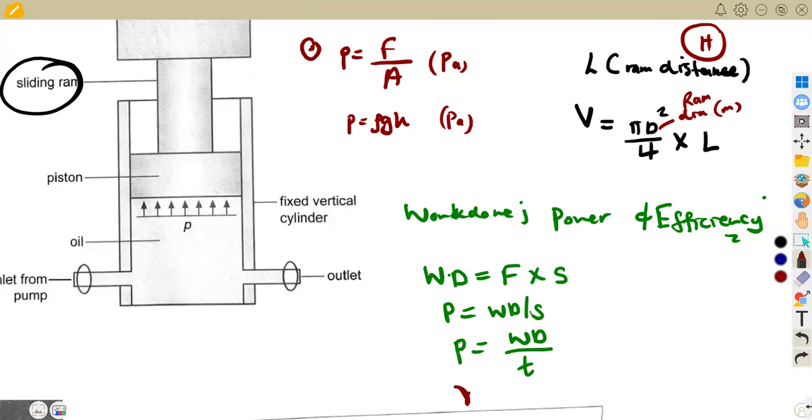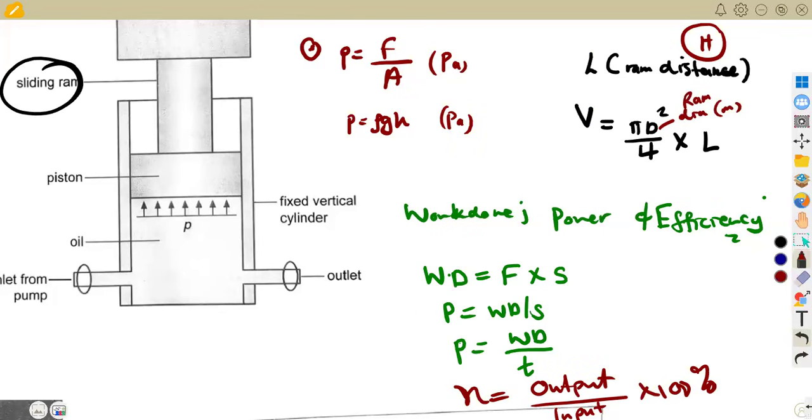And also, you can have efficiency, which is the output over the input. It can be output force or output power, whatever you have, as long as it is taken as output over input. It is very important for you to understand this on the efficiency.